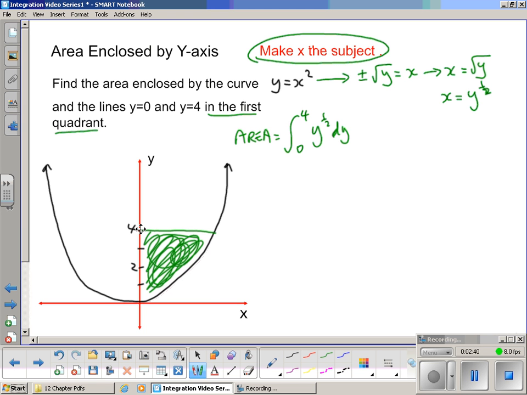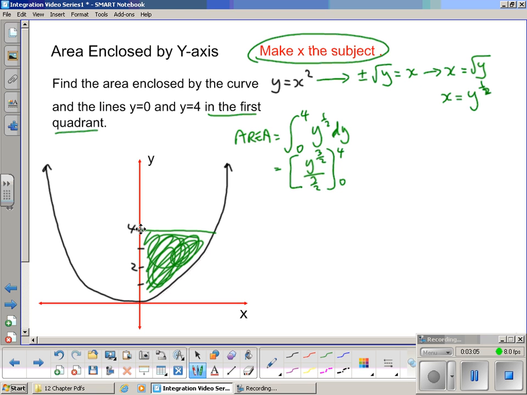Okay, so to integrate that, we add 1 to the power and divide by the new power. So that'll equal, when we add 1 to the power, y to the 3 over 2. And then we divide by that new power of 3 over 2 between the y values of 4 and 0.